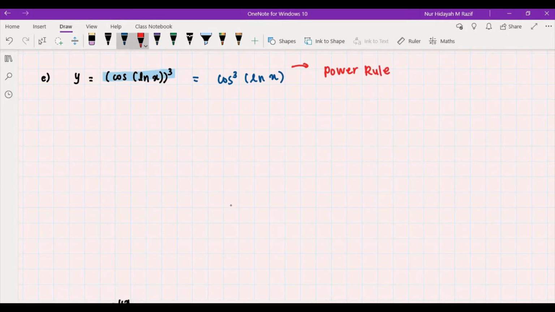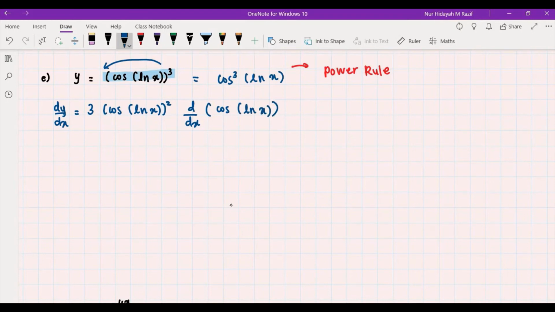And so we will then have here dy dx is actually equal to 3 brought to the front, and we will then have cos ln x to the power of 2, and then we are going to differentiate whatever is next, which is cos ln x. So here, if you realize, I still use the outermost function to be differentiated first, and then I'm going to move inside and differentiate cos.